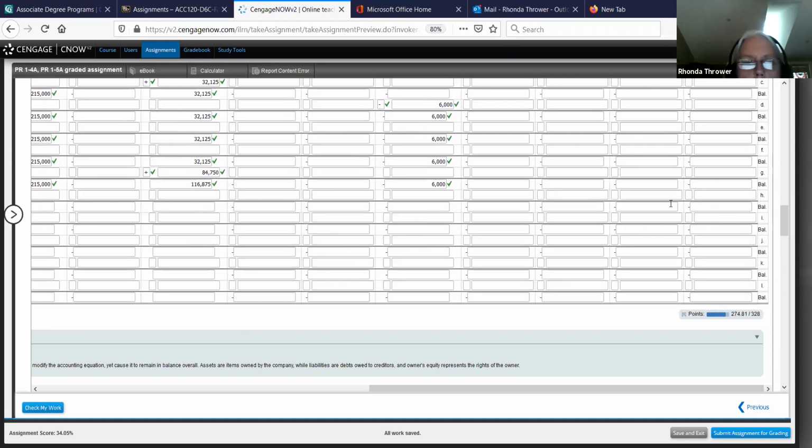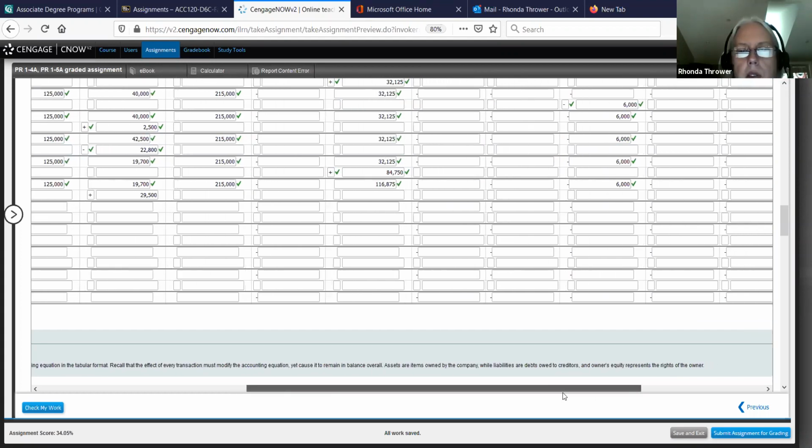I think we were on H. And so the dry cleaning expense, I'm having trouble seeing. I know you can't see this bar, but I got another bar going on here too. So I'm going to move it out of the way and let me try this again.